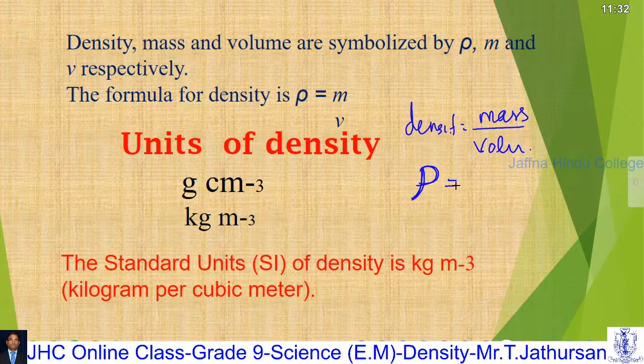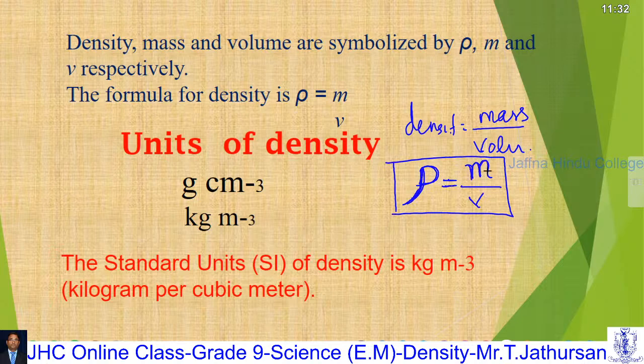M is for mass, V is for volume. So, the symbolic formula of density is rho equal M over V.